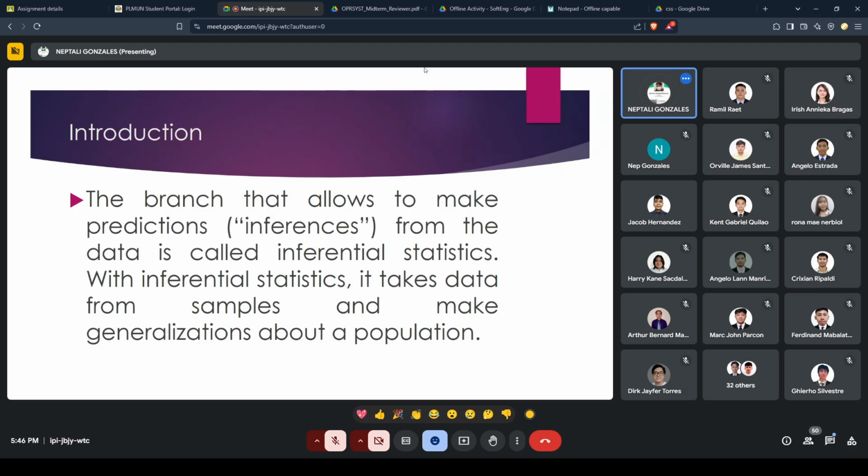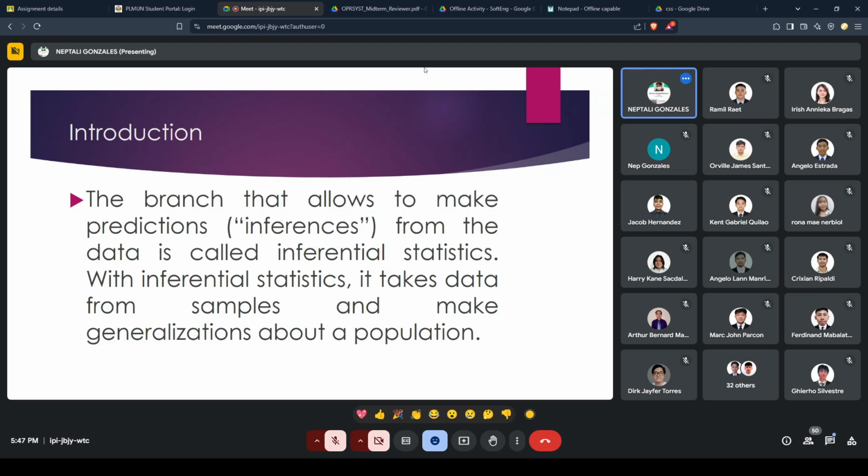Then there is the branch that allows you to make predictions. For example, we are conducting a study now, the four of us, Dr. Edsel Umali, Dr. Andy Soberano, Director Gilbert Octavio, and myself, regarding the predictors of success, the results of the institutional assessment as predictors of the performance in the board examination vis-a-vis the faculty performance.